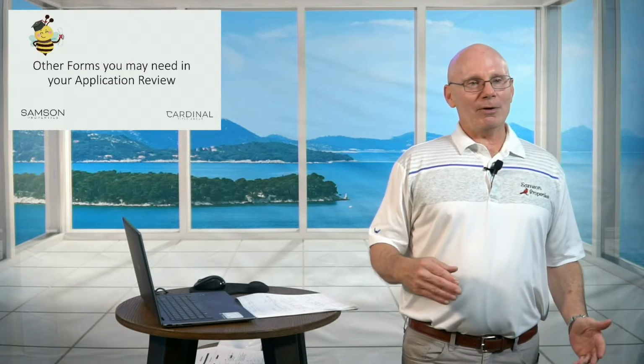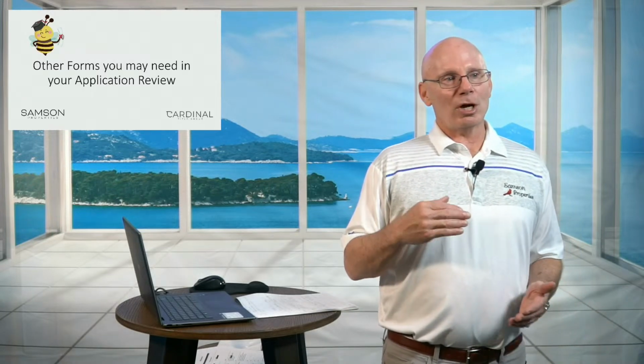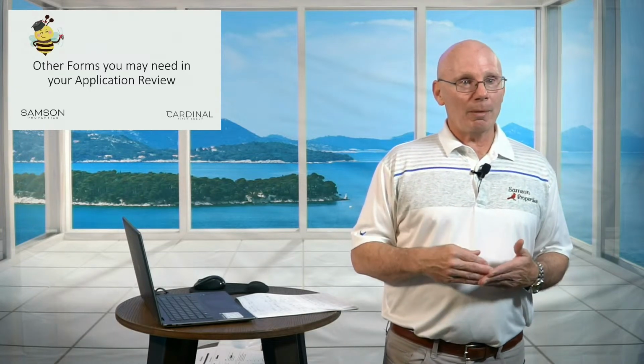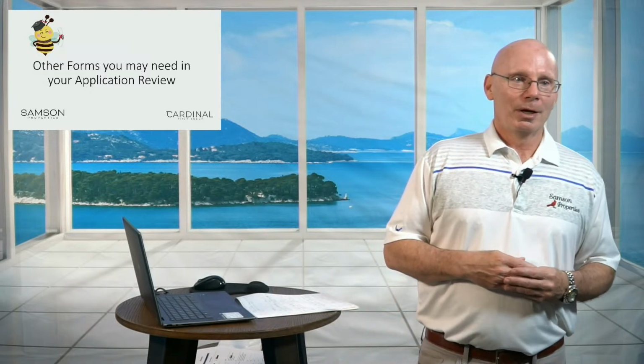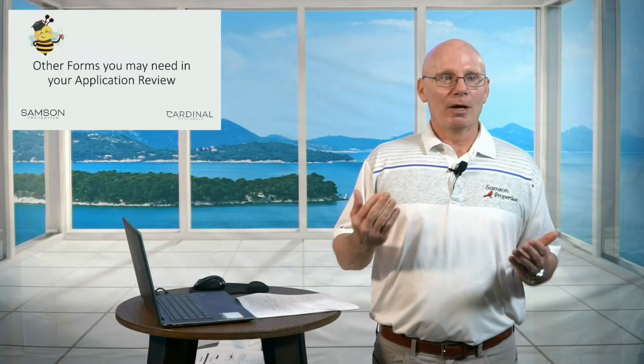But when you get down to people that are 1099 employees, or own their own company, you have to spend a lot of time drudging through their tax forms to get an idea of how much money they make, so that you can get an idea how they can pay their rent.